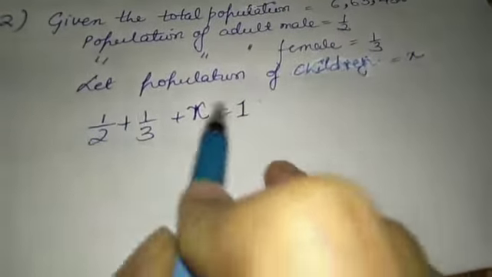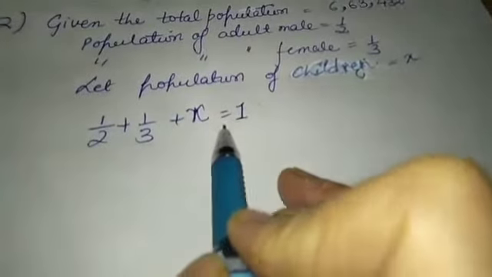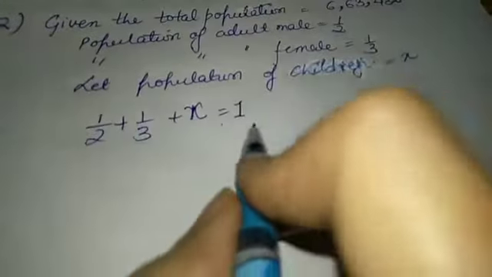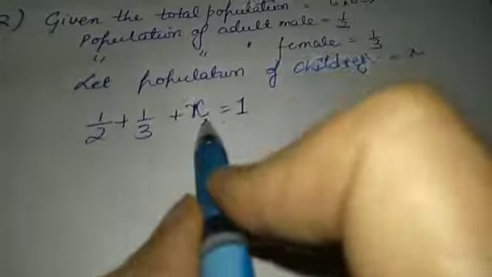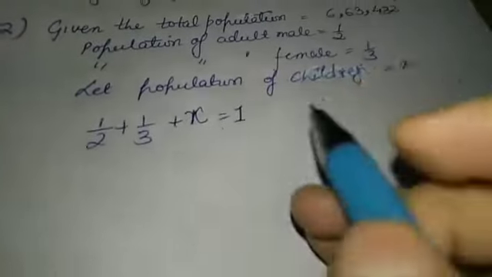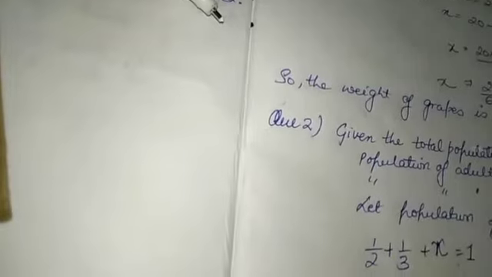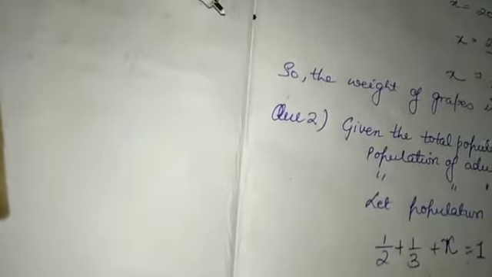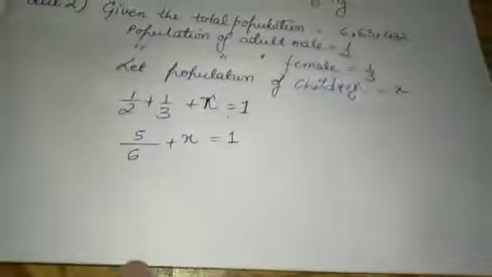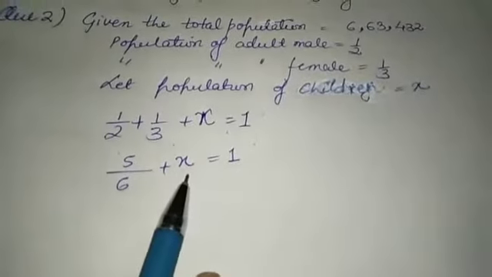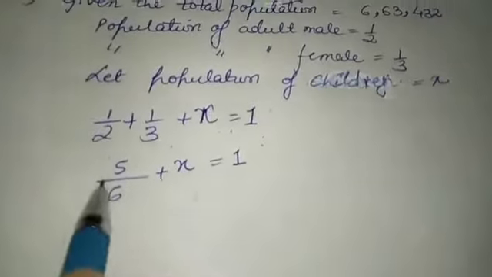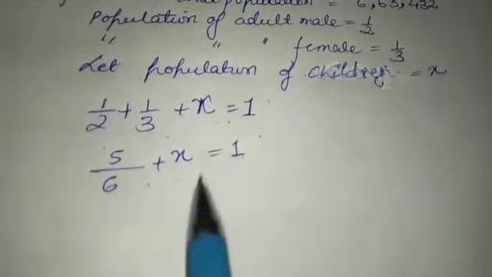Adding all these three will come to 1, but here the third number is not known, so what we... this is the fraction of children. Now taking this 5/6 on this side and subtracting from 1.